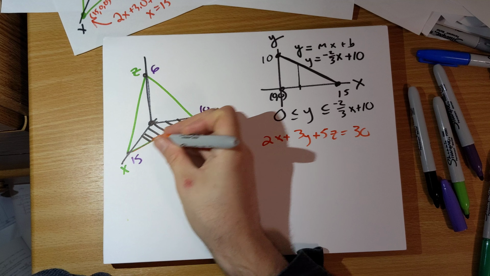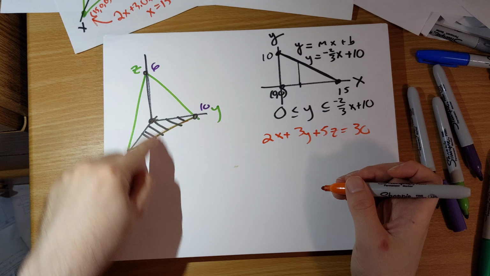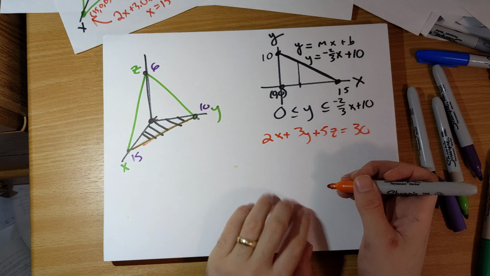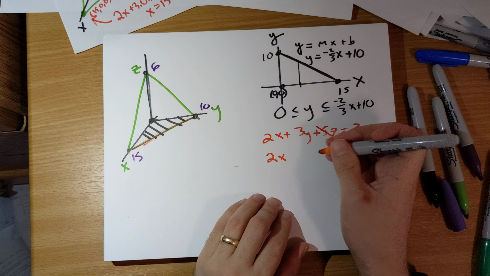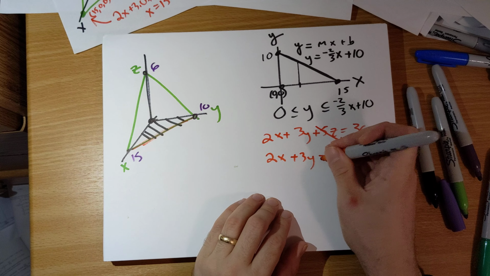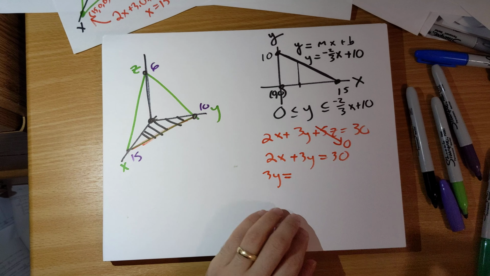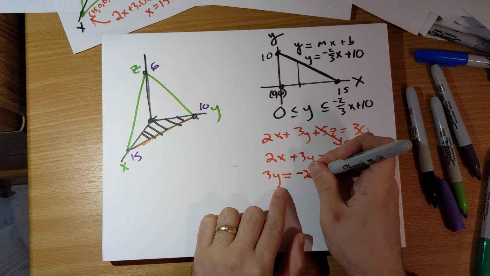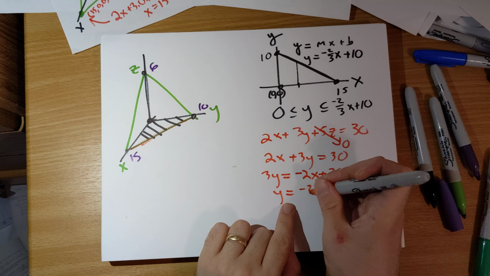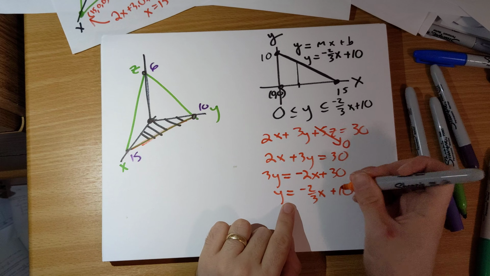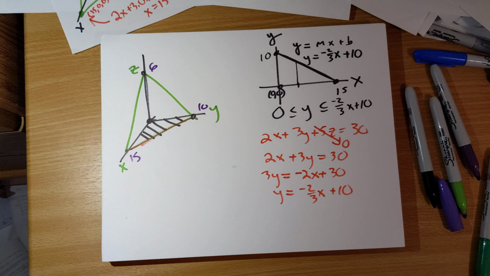We are looking for an equation of this line here, which is the intersection of this plane with z equal to 0. And so we have 2x plus 3y is equal to 30. Solve for y in terms of x: 3y is equal to negative 2x plus 30, divided by 3, negative 2/3 x plus 10. That's another way to come up with y is equal to negative 2/3 x plus 10.